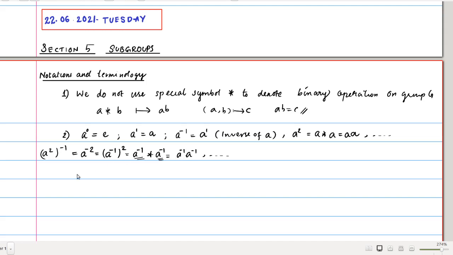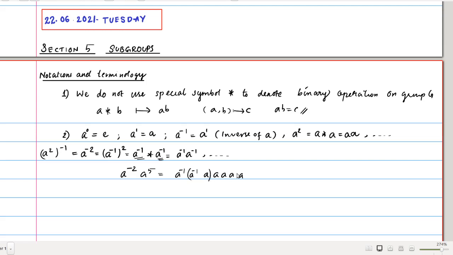Using this you can easily get the meaning of a minus 2, a to the 5. What is the meaning of this in a group? It means a minus 1, a minus 1, that is a inverse operated two times, that is a minus 2, and then operate a five times. Due to the associative property of the group, you can associate it in any manner.